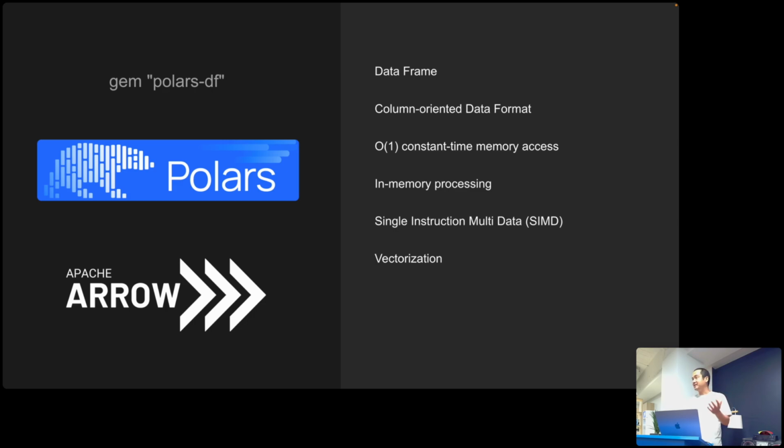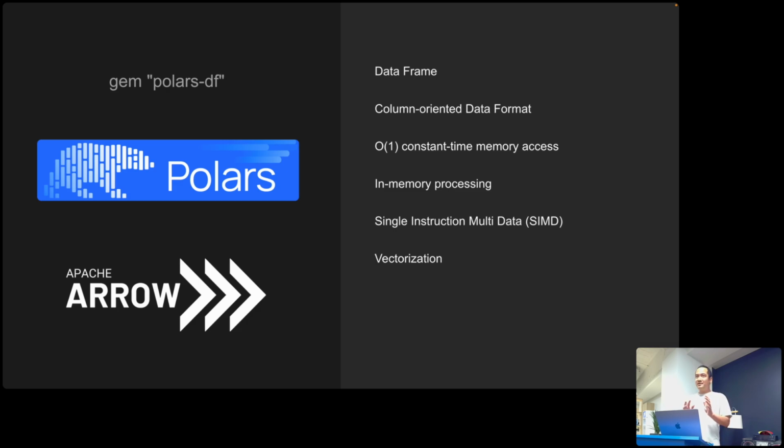A lot of these Apache projects have been done by brilliant mathematicians who come into this data space. This gem Polars is basically written in Rust. It's the same library that's been used in Python as well, but it has a binding in Ruby, so you can use it by just importing the gem. I'm going to show that as well.